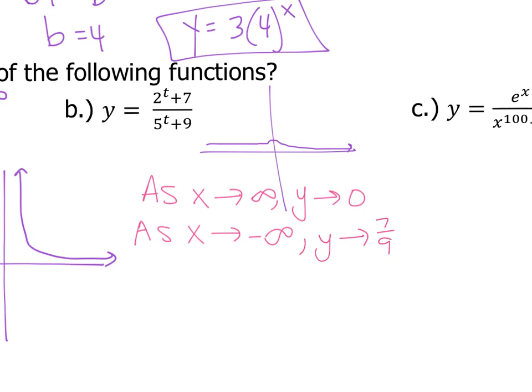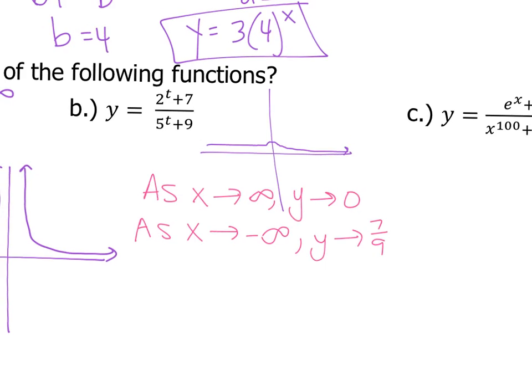Now, why is that? Here's why that is. So basically, as your x values get so small, it's essentially 0. So these terms basically go away, leaving you with it approaching 7/9, okay?